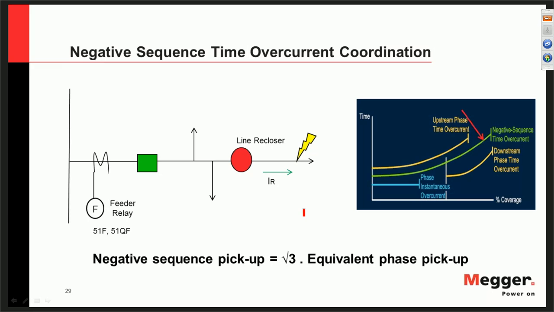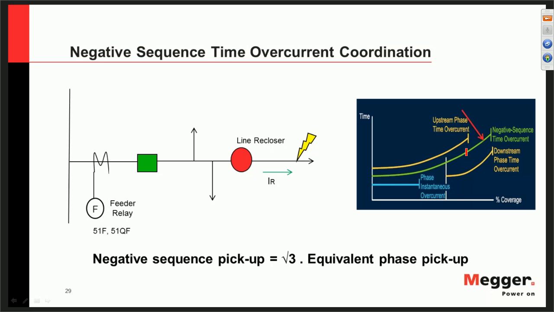So many relay manufacturers have introduced the concept of equivalent phase pickup, and they incorporated the curves associated with equivalent phase pickup in the relay. When you do a √3 times of that, you get a curve which is below the upstream phase overcurrent.